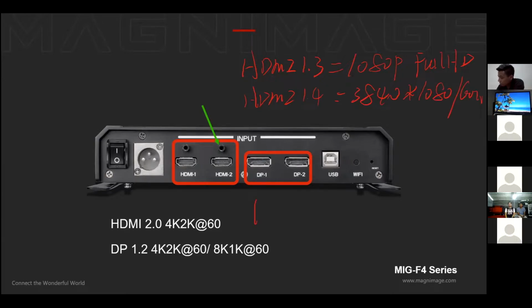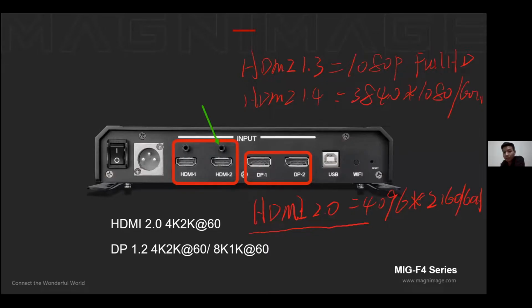But right now, in the market, 4K means HDMI 2.0. For HDMI 2.0 in the market, it's 4096 by 2160, 60 hertz. So this module will support HDMI 2.0, the latest version in the market.